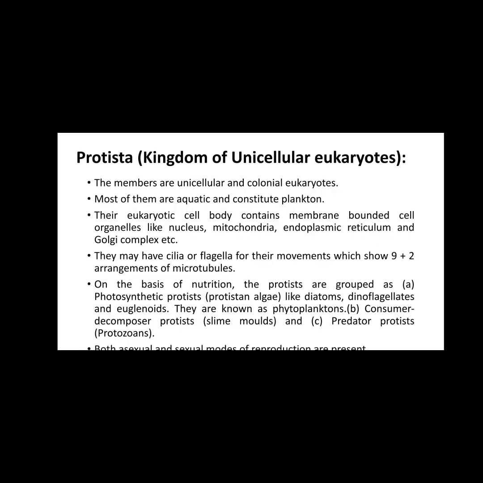Next, the Protista, kingdom of unicellular eukaryotes. It is the second kingdom of the five-kingdom classification. The members are unicellular and colonial eukaryotes. Most of them are aquatic and constitute the plankton. Their eukaryotic cell body contains membrane-bound cell organelles like nucleus, mitochondria, endoplasmic reticulum, Golgi complex, etc. They have cilia and flagella for movement, which show a 9+2 arrangement of microtubules.